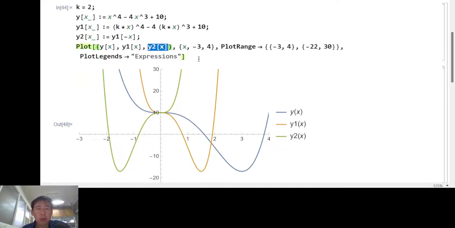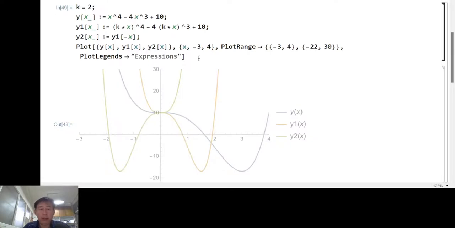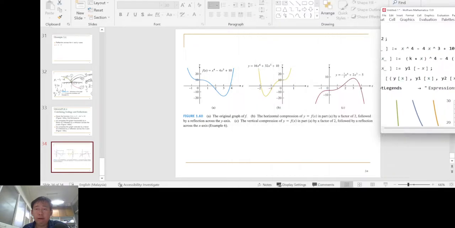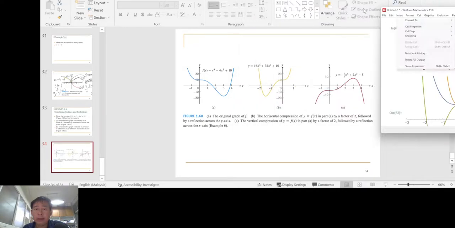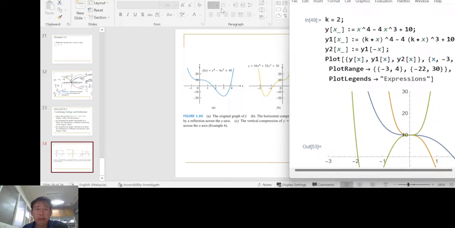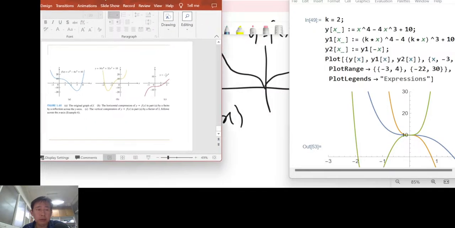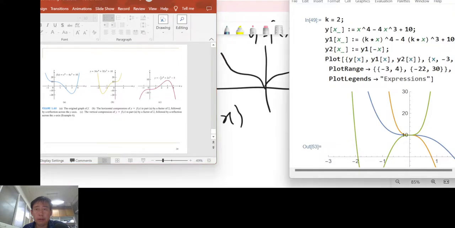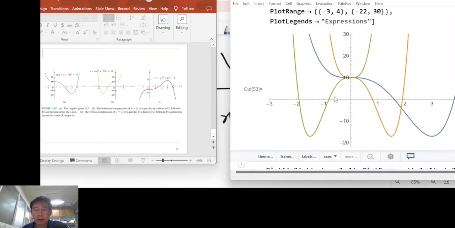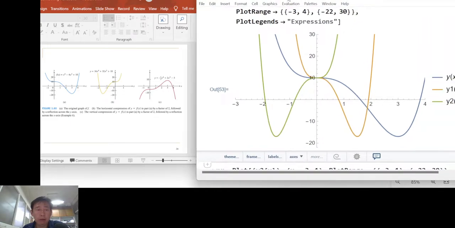Okay, so when you press the button, this is the graph that I obtained. You can compare the shape obtained by Mathematica with the graph obtained in the PowerPoint. So here, let me try to drag my screen so that you can compare it better. Okay, so more or less you can now make a comparison.